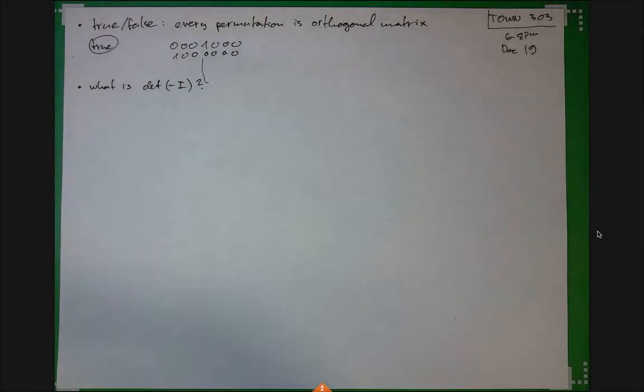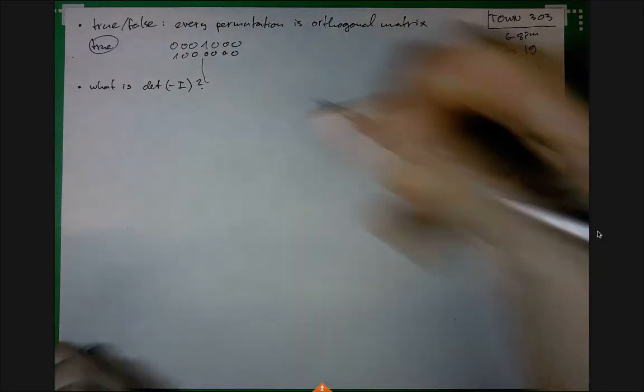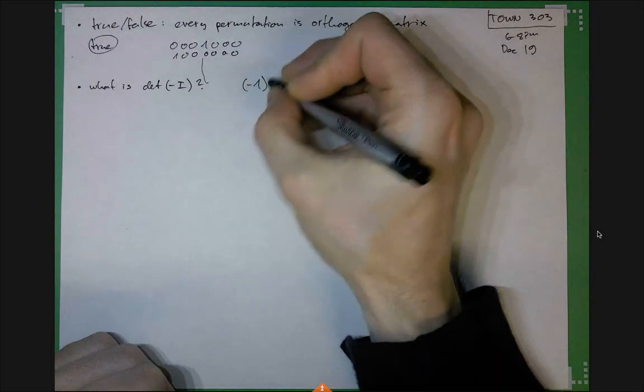And how about the determinant of minus identity? Is it 1 or negative 1? Think about it and be certain about the answer. If the dimension n is even, it's 1, and if it's odd, it's negative 1? Correct. Yes. You can also say it's (-1)^n.